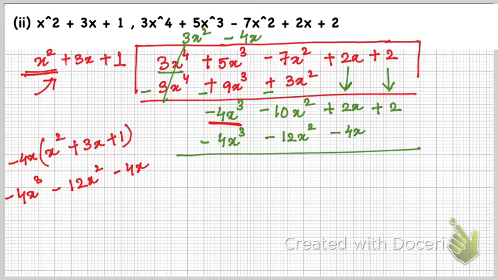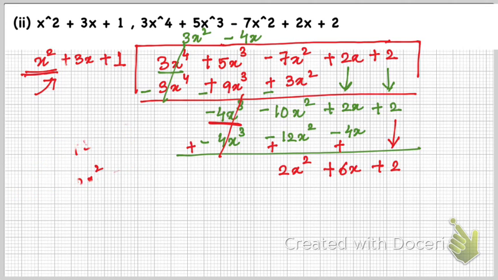Changing the sign, we get plus, plus and plus. These two will get cancelled. This will give us 2x square and plus 6x. This 2 will come down to here and here we will get 2.